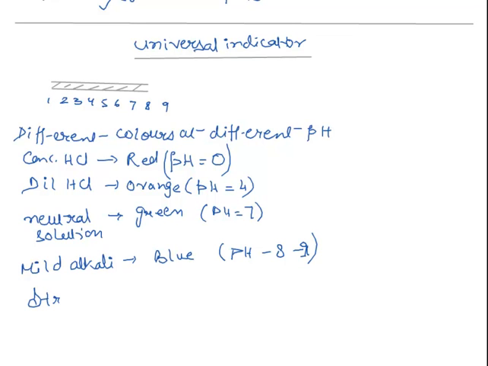Whereas in strong alkali, strong base, the color will be violet. Such strips are provided with the soaps. These days the soap companies are also providing such pH strips. They are given to the farmers so that they can check whether their soil is acidic or basic and can do the required treatments.